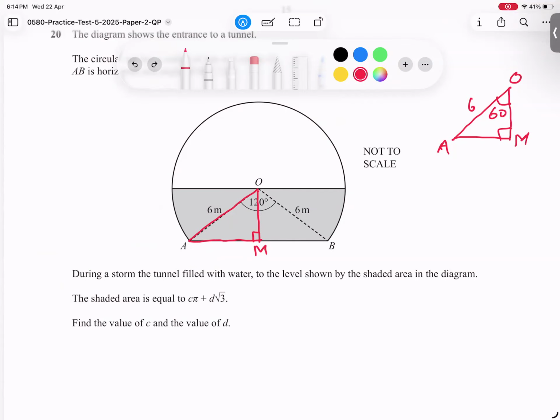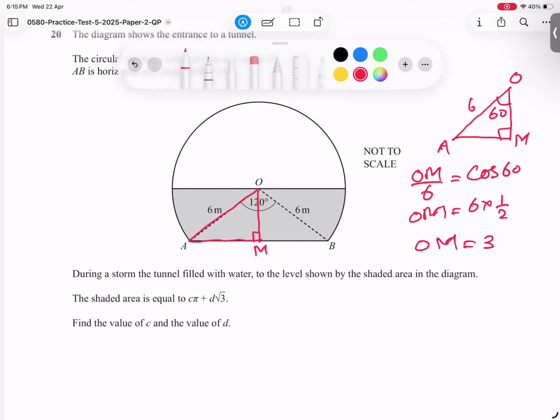So I need both values. So first I'm looking for adjacent by hypotenuse. So OM divided by 6 is equals to cos 60. I repeat, and OM is 6 times cos 60, which is equals to sine 30, was half. So we got a 3. So OM value I'm getting here 3.